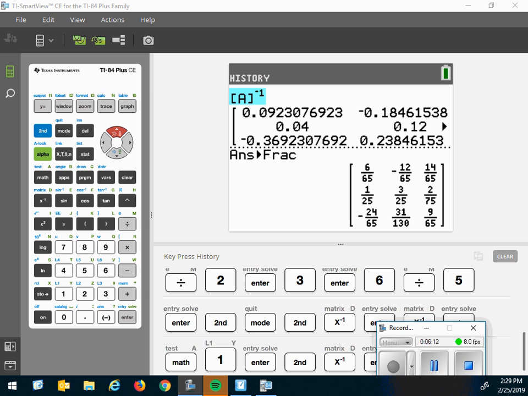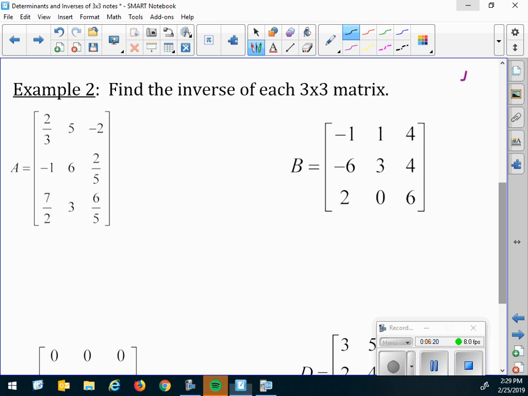Now listen, this matrix right here is your answer. That's what you need to put right here. Don't put equals. Put A inverse equals, and put it in there. Okay.